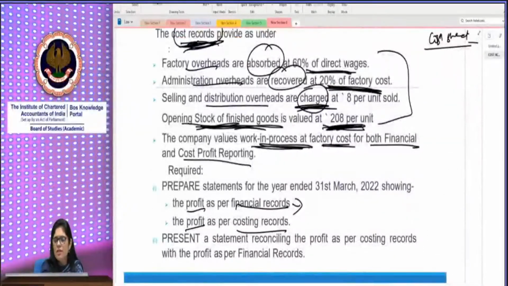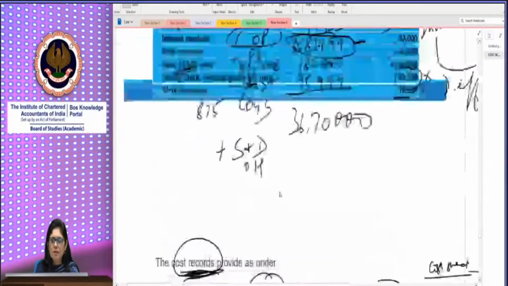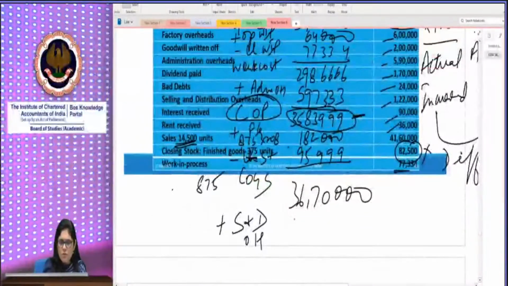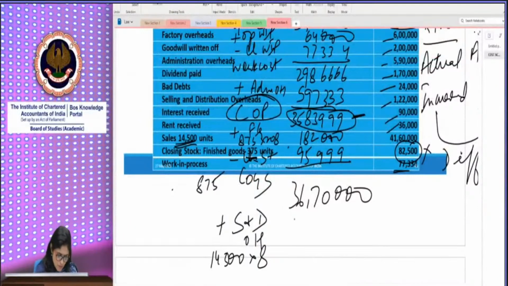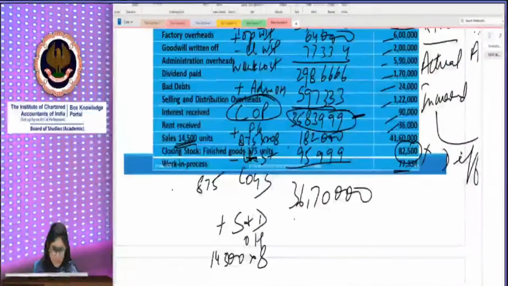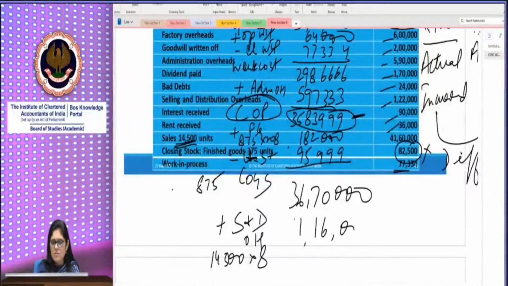Selling and distribution are charged at 8 per unit sold. How many units are sold? 14,500 into 8. 1,16,000 is the selling and distribution overhead.